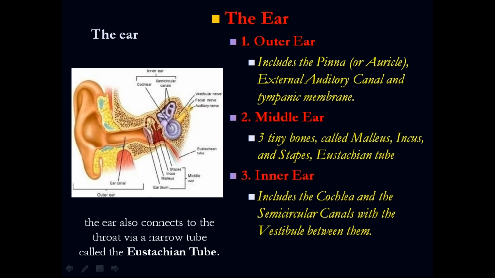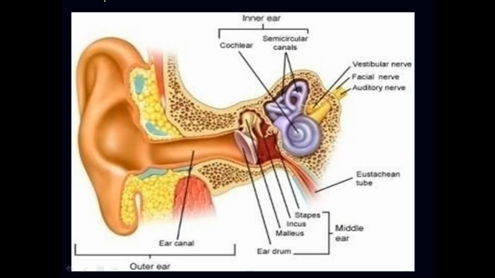Okay, talking about the ear, we have 3 letters again, and we have the outer, the middle, and the inner ear. Let's make a picture here, and a shortcut and a summary of the ear.